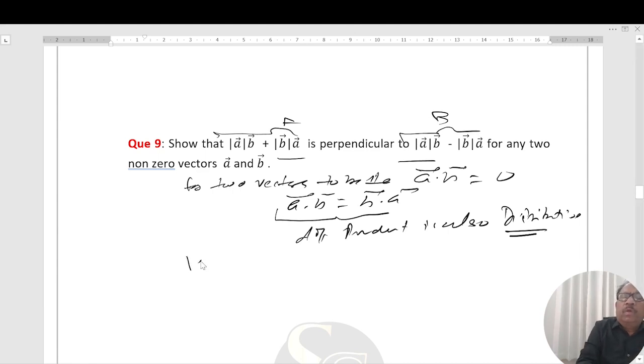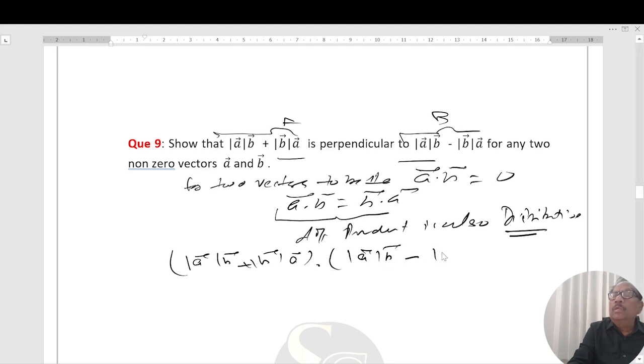So magnitude of A times B plus B times A, dot, magnitude of A times B minus magnitude of B times A, as it is distributive.